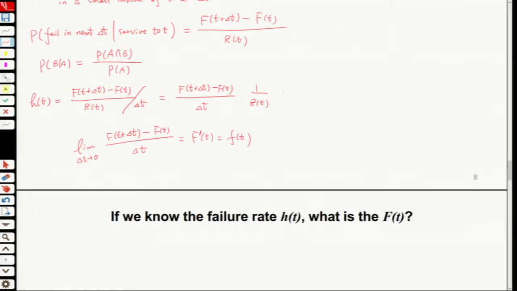So when delta t goes to 0, this equals dF(t)/dt, which is f(t) over R(t). You see, if you take the PDF divided by the survival function, this immediately becomes your failure rate at a particular time t. You got the failure rate.